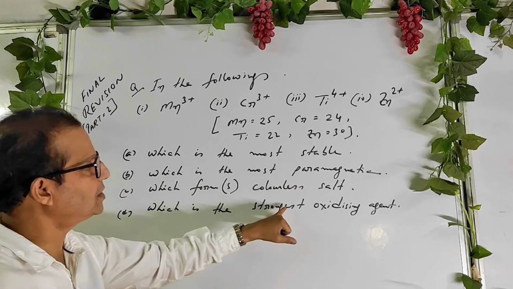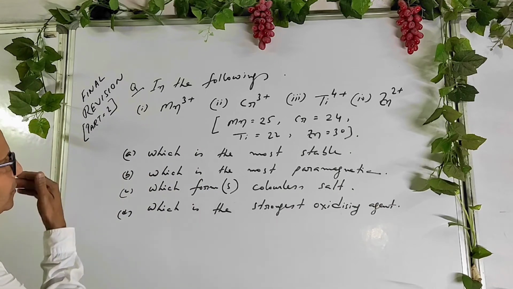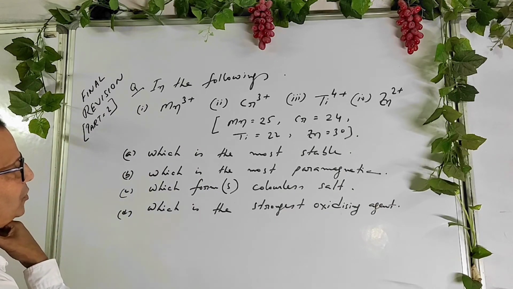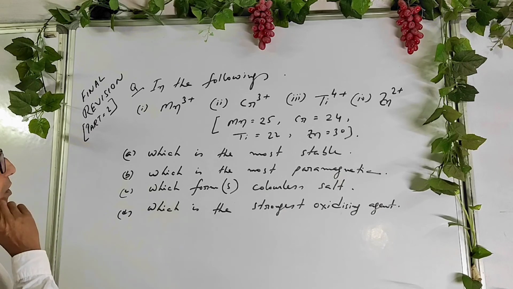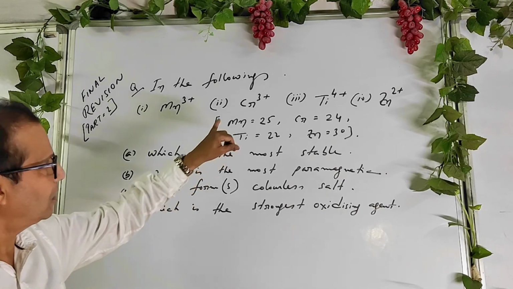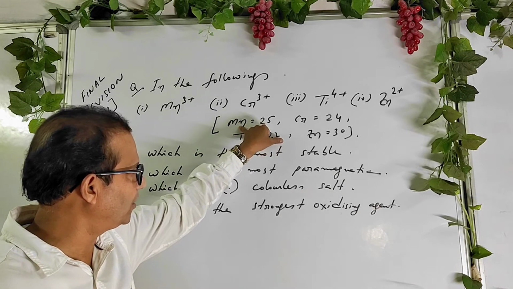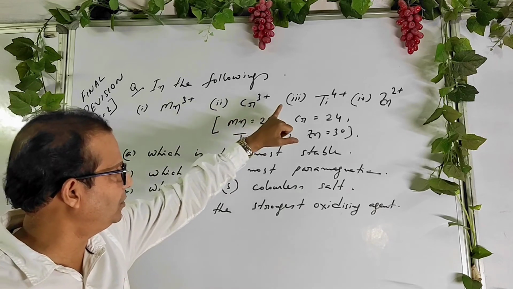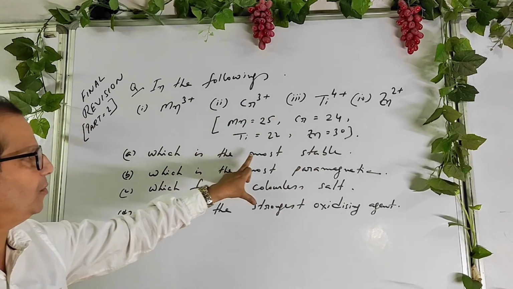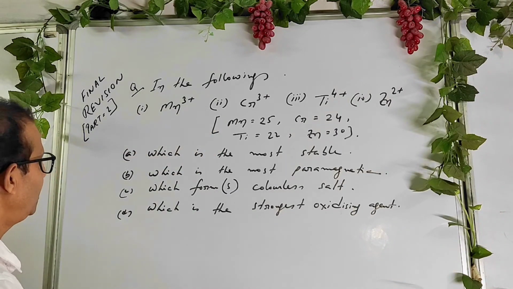Which is the strongest oxidizing agent? That's the question. Now, if this type of question arises, always write the electronic configuration of the parent metal atom and then the corresponding ions which are given. So try to write the electronic configuration of these.